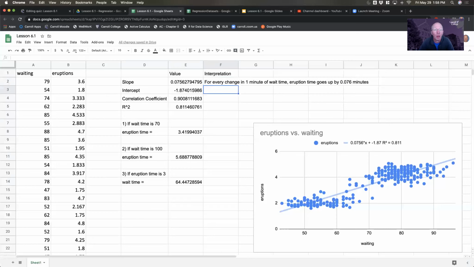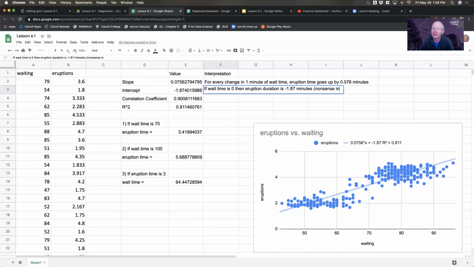The intercept, remember, doesn't always have a sensible interpretation, but what it means is if wait time is 0, then eruption time is negative 1.87 minutes.